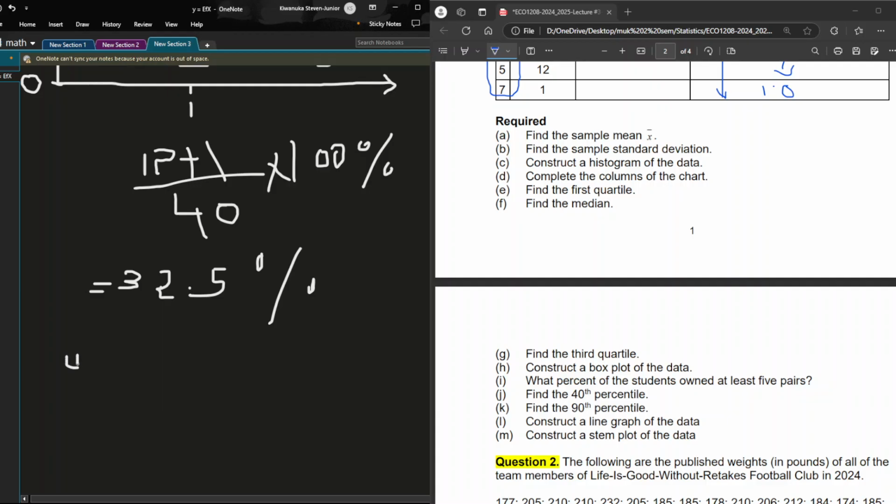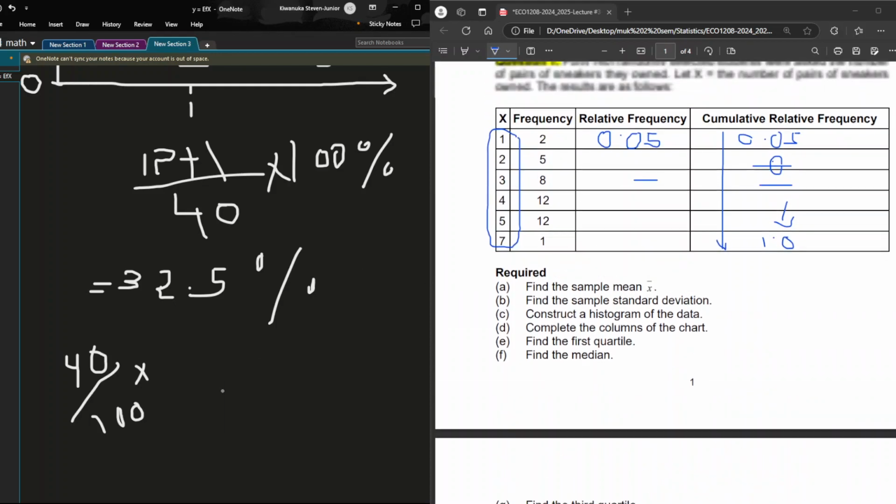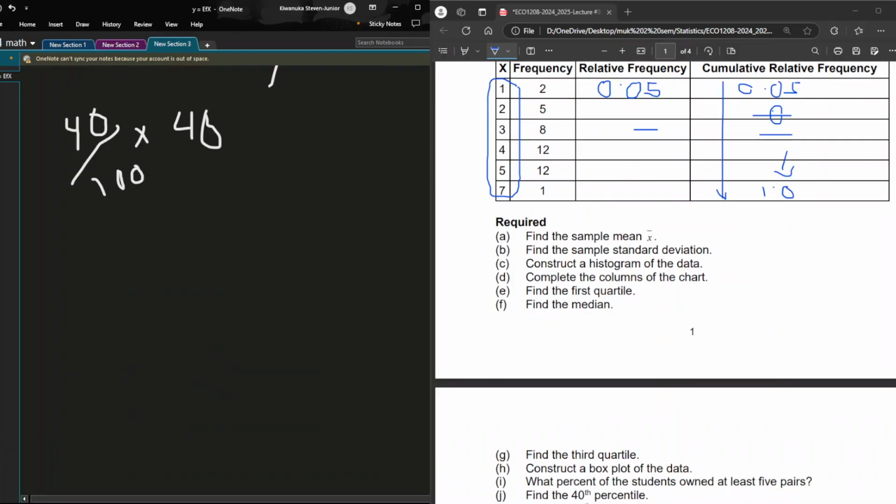For the 48th percentile, that means 48 out of 100 times our total here, which is 40, and get the answer for that. So we have 48 divided by 100 times 40.